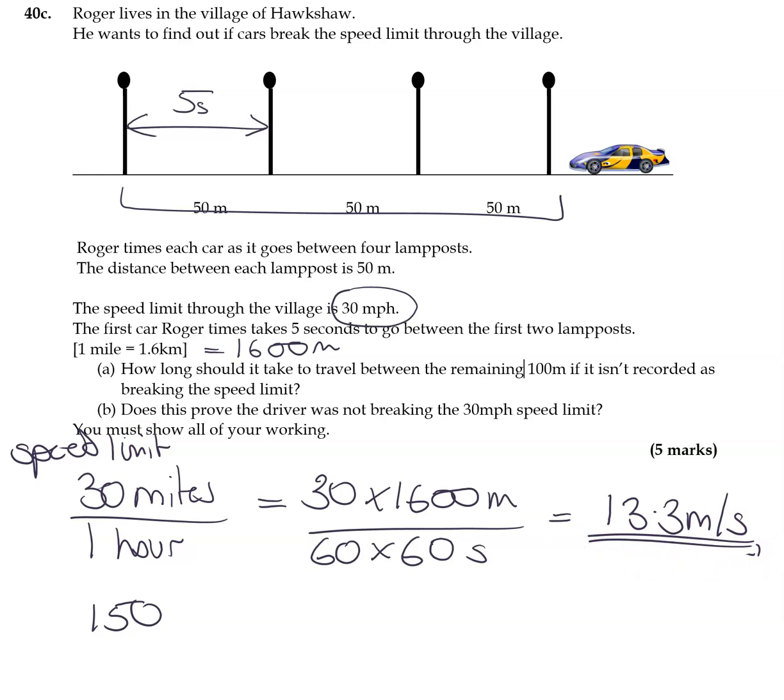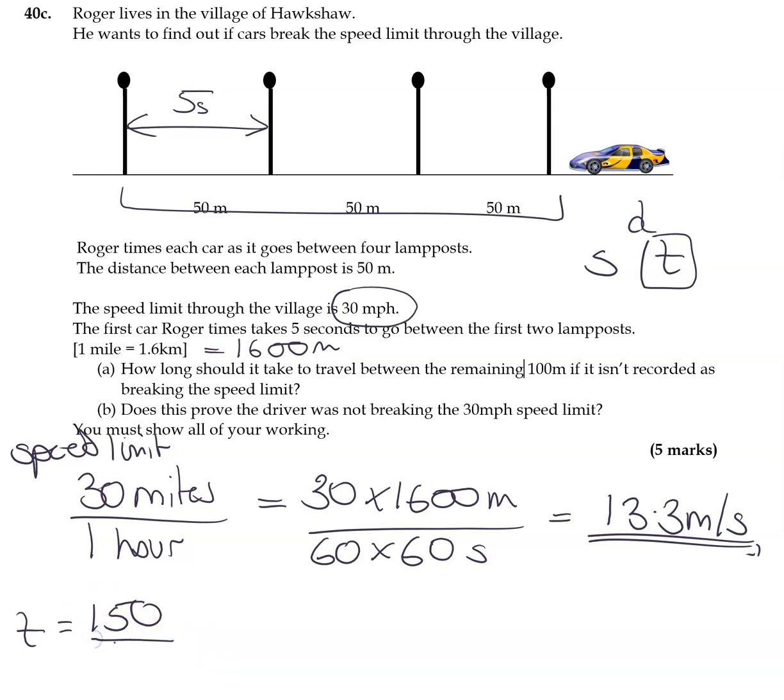So 150 metres, if we're going at 13.3, bear in mind we've got speed is distance over time. If we want to know how long it would take to go between those two, so we want the time, we want the distance over the speed. So time is distance over speed.